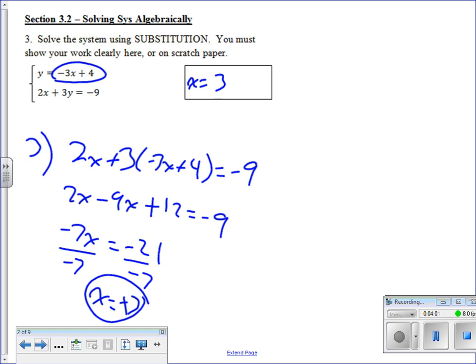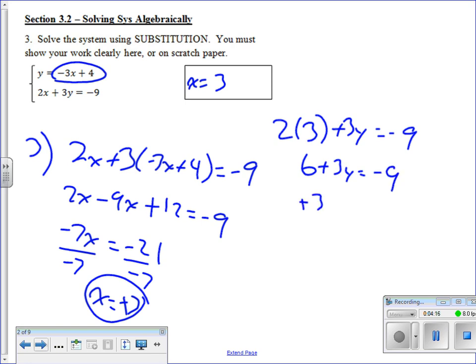And then I've got to find y, so I take 3, plug it in for x. 2 times 3 plus 3y equals -9. 6 plus 3y equals -9. Subtract 6: 3y equals -15. Divide by 3: y equals -5.